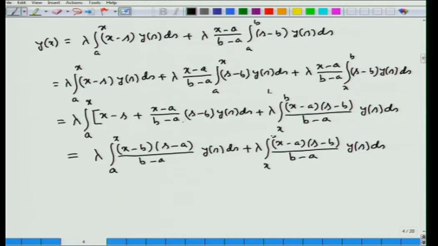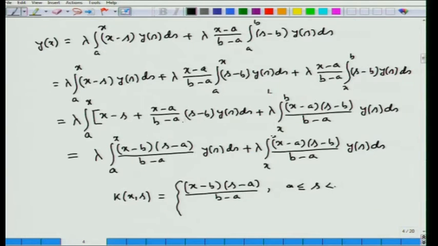So, that means the kernel k(x, s) is defined by (x minus b)(s minus a) divided by (b minus a) for a less than or equal to s less than x, and it is equal to (x minus a)(s minus b) divided by (b minus a) for x less than s less than or equal to b.